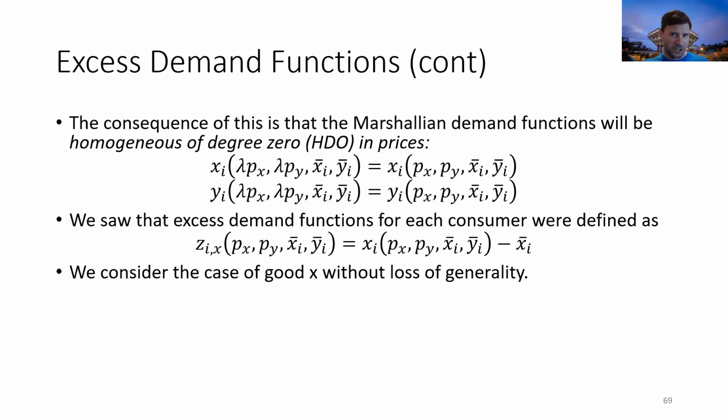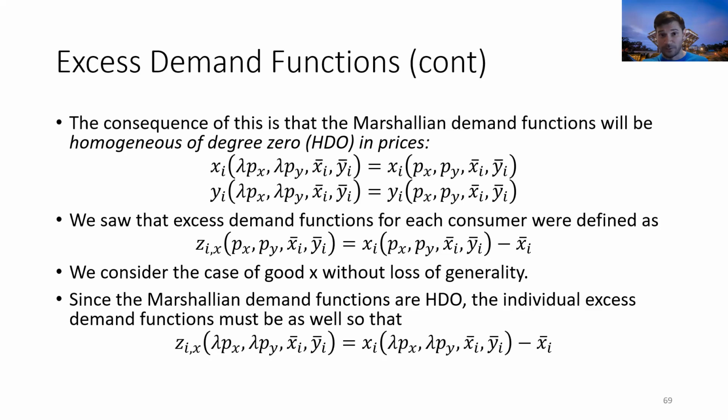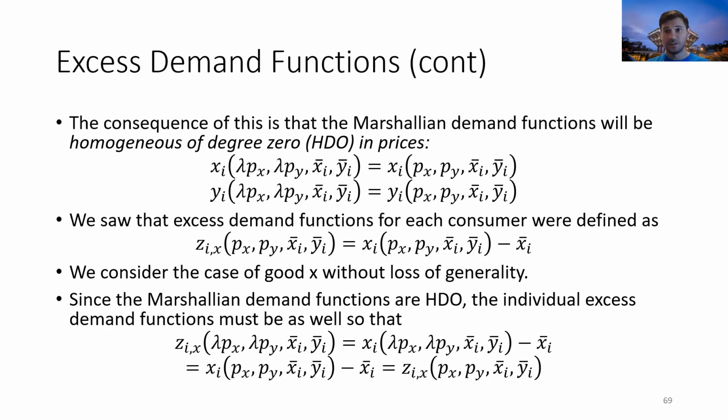And we'll consider here just the case for good X. It applies equally for good Y, so I won't show this for good Y. But it's got to be the case that because the Marshallian demands are homogeneous of degree 0, the excess demand functions have to be as well. If you doubled all the prices, it doesn't change your demand, doesn't change your endowment, which means your excess demand would be exactly what it was at the original set of prices.